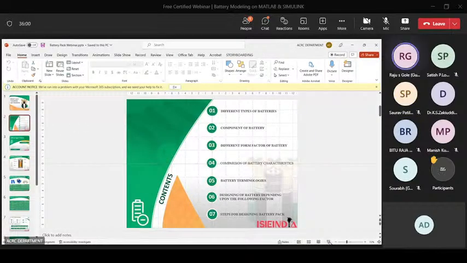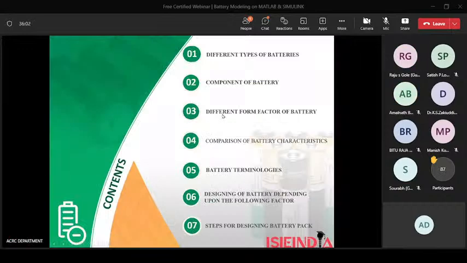And after that I will talk about the different form factors of the battery. Then I will do the comparison of the different battery characteristics, like the different nominal voltage, like what is the difference in the voltage level of the different nomenclature. Then I will be talking about the battery terminology, what are the different parameters upon which we do the calculation.